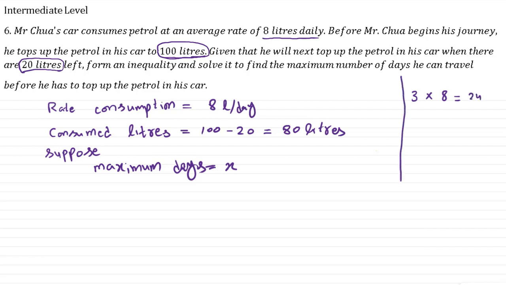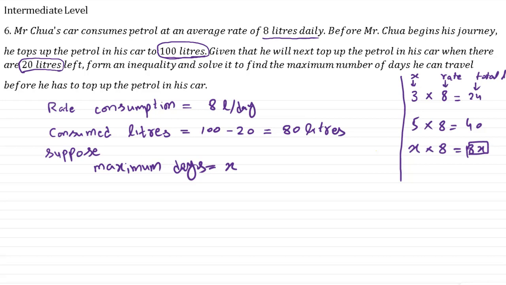Similarly, if maximum days are 5, then the maximum consumption will be 40. Here there are maximum days and here there is rate, and there will become total quantity, means total liters. So if maximum number of days is x, then multiplied by rate it will become 8x.